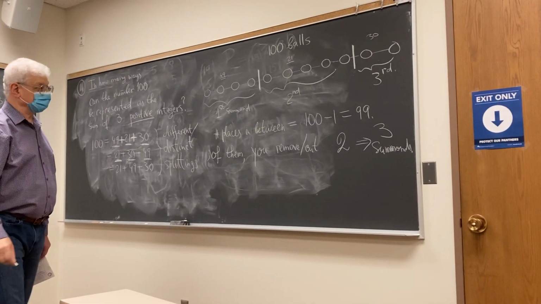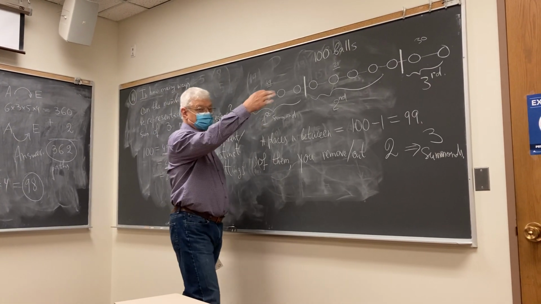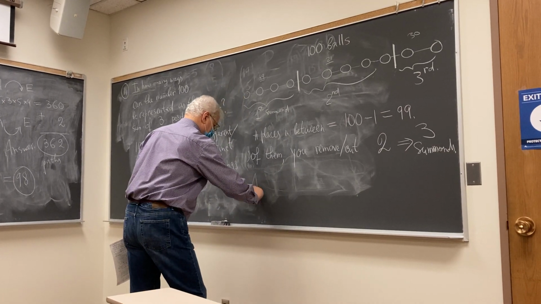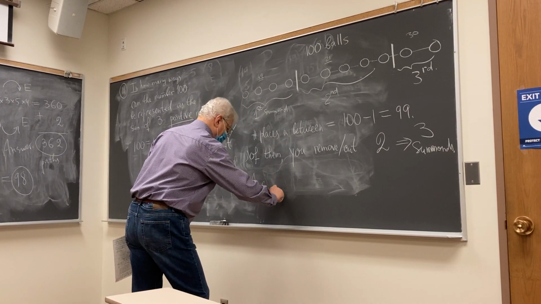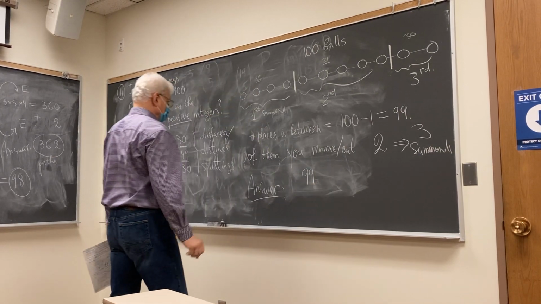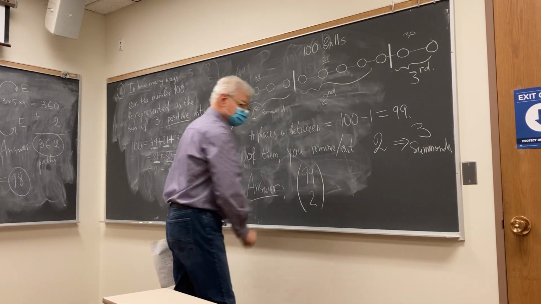Therefore, what is the number of representations? It is the same as the number of cuts. And what is that? The answer is, you have 99 and you choose 2.